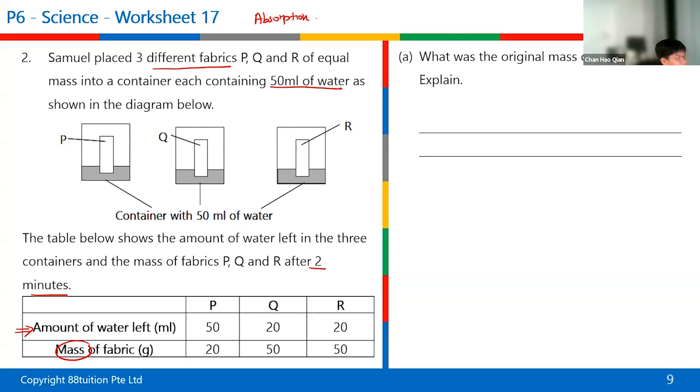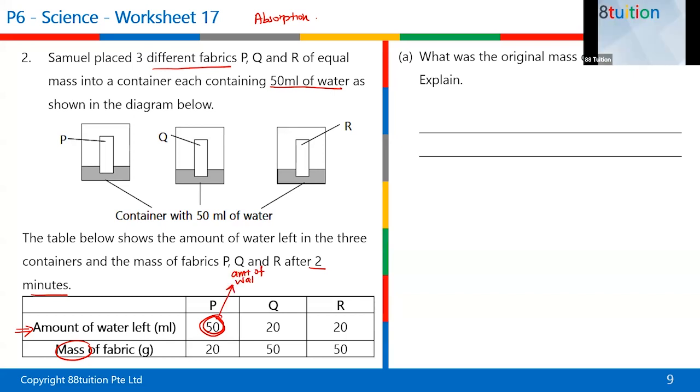Material P. Why? Because the mass of fabric remain the same and the amount of water left also remain the same. How you know the mass of fabric remain the same? You know the original mass? Let's just look at this one. The amount of water remain the same. Good. Guys, can you write this down?